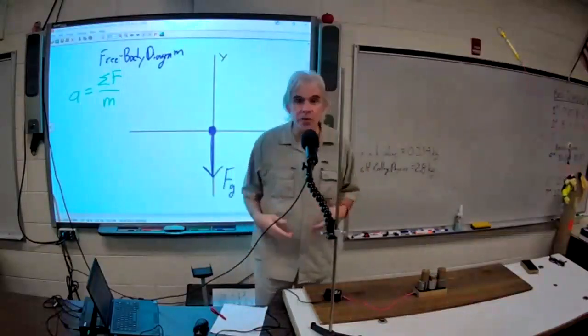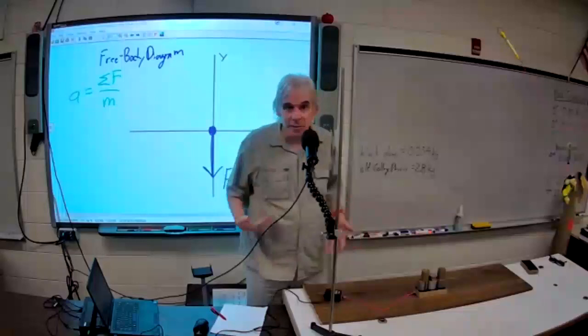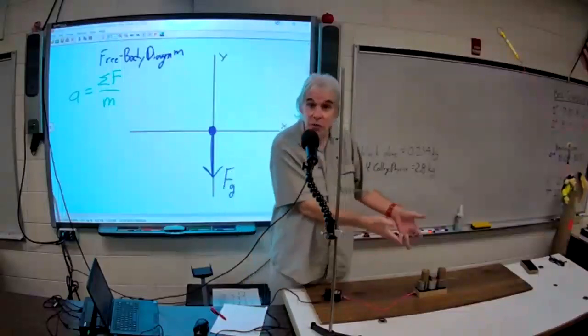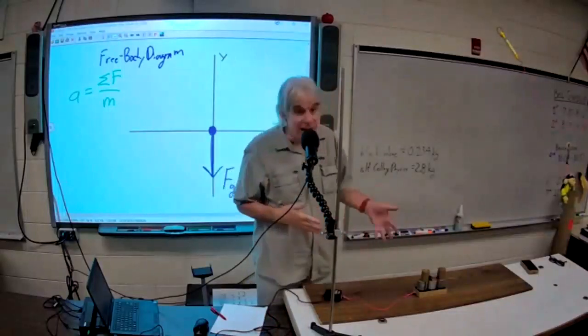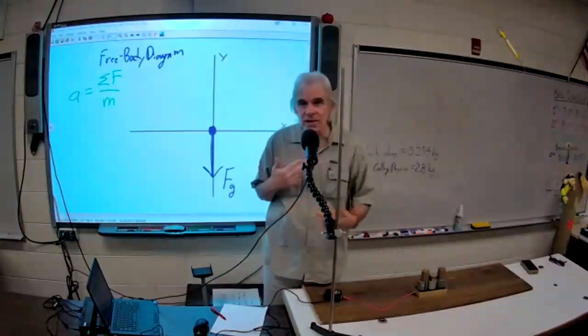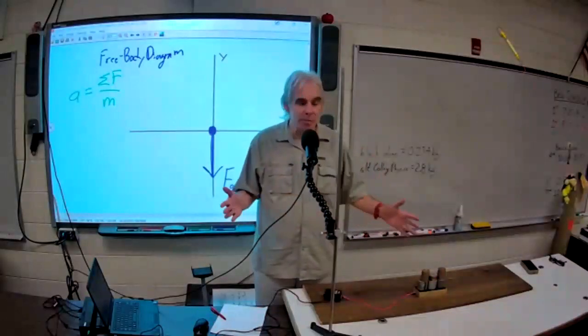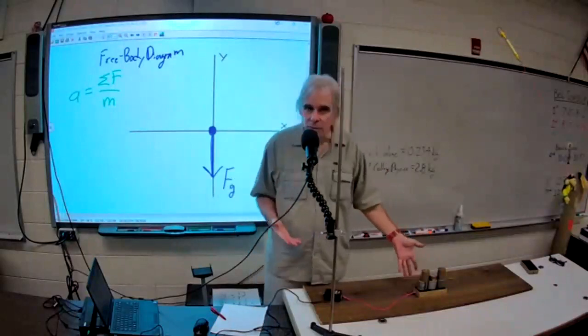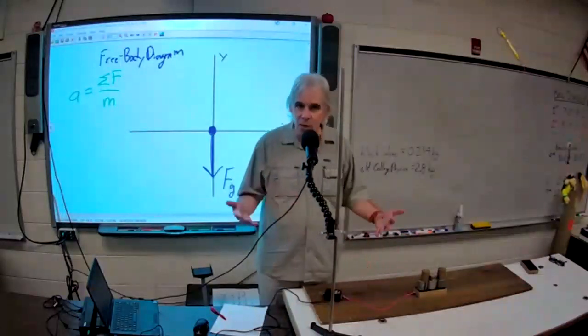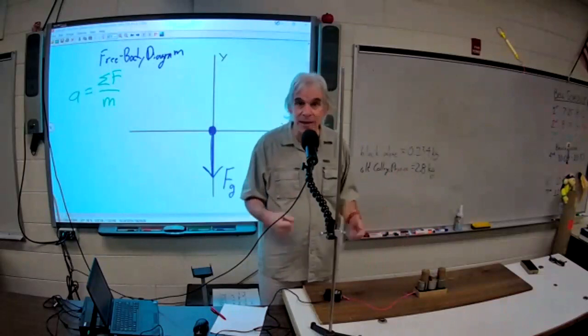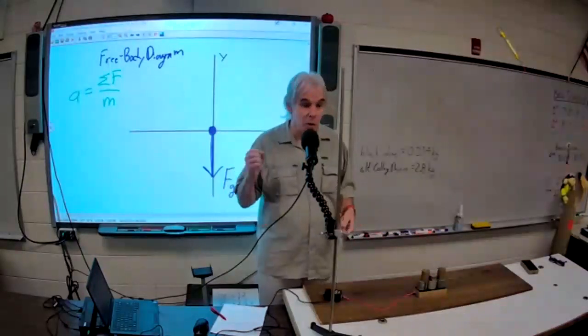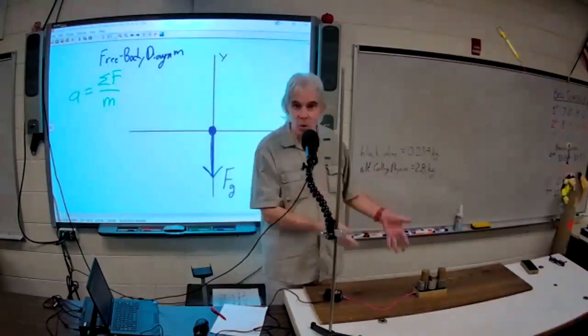Acceleration is net force divided by the mass. Now, this body's mass is 3, but it's not accelerating, so I know the left and the right side of this equation have to both be 0. We call this equilibrium. This object is in equilibrium. The net force is 0. Those two things mean the same thing: 0 net force, 0 acceleration, equilibrium.